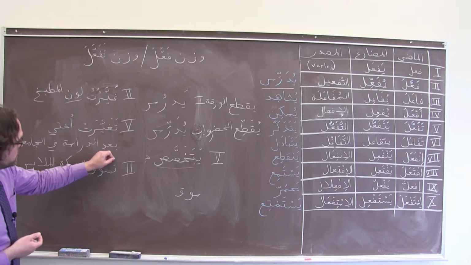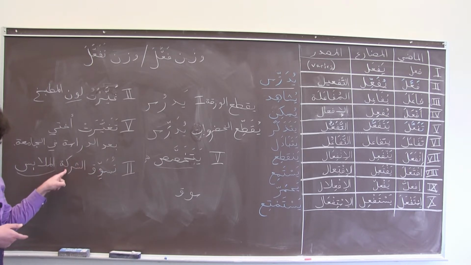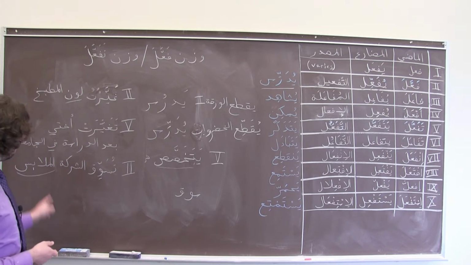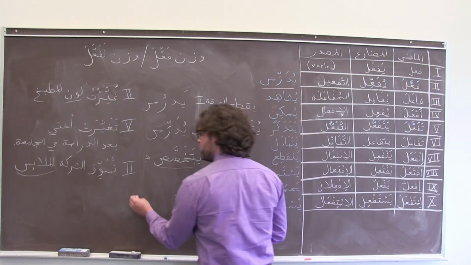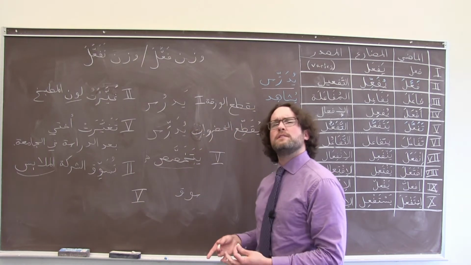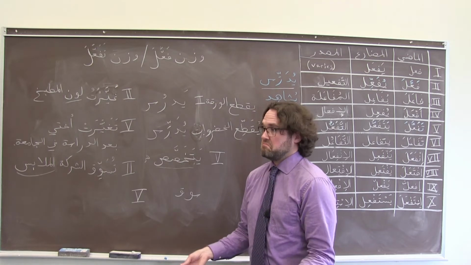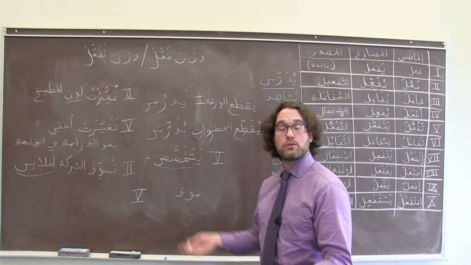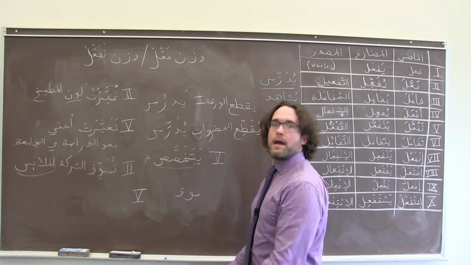What does the sharika market? What is it trying to sell? Malabis. But if I use it in form 5, it means market in a different sense, kind of more like to-go marketing, or more simply, in colloquial English, to go shopping. So I could say, I go shopping. Literally, I go marketing every Saturday.